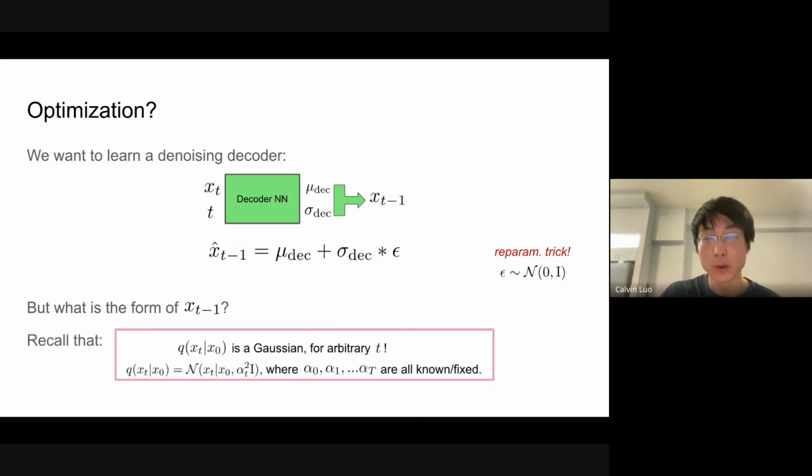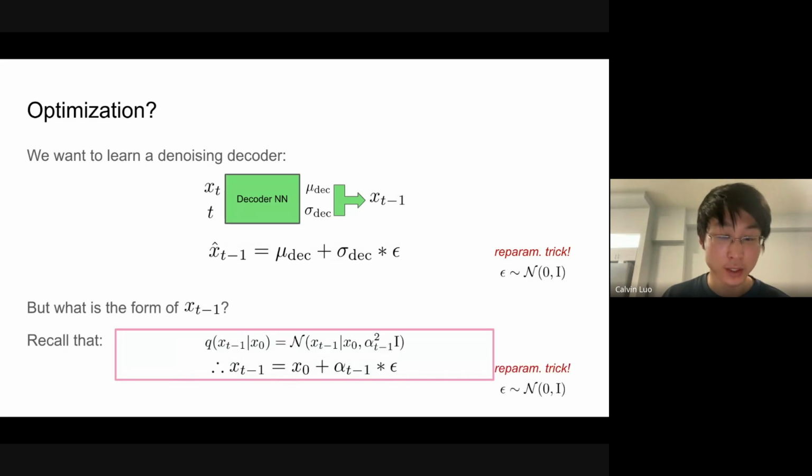Well, recall that when we derived the pink arrows, we know the ground truth distribution of all these xt-1s, or for any arbitrary xt's t, right? And we recall that the distribution for any arbitrary xt given x0 is a Gaussian centered around the clean image with alpha t squared I covariance, which are known and fixed.